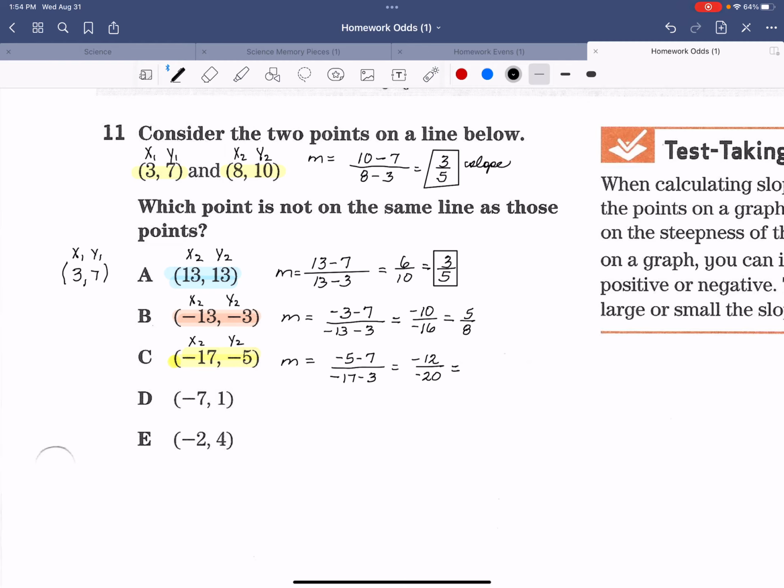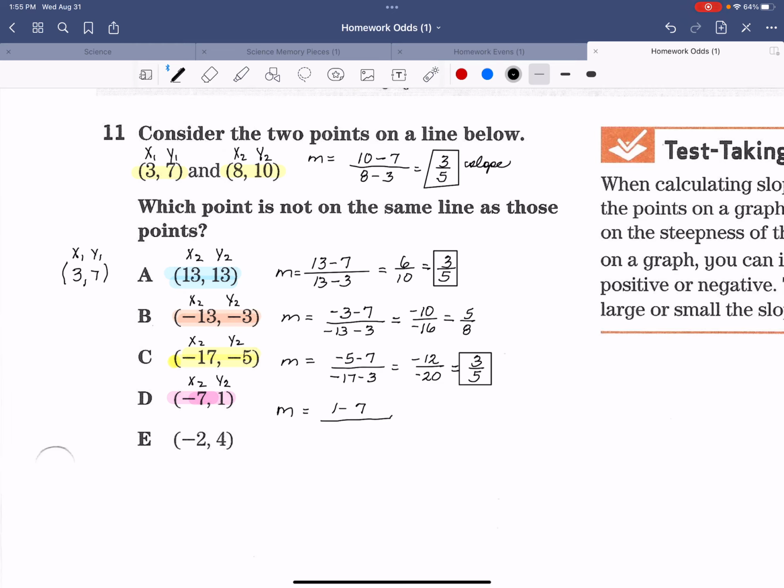If you reduce that by 4, you get 3 over 5. So that one does match. Then we have 2 more to do. Hang with me. We'll make it. Doesn't mean I like it. When I was learning slope, I did exactly the same thing. Didn't like it then either.